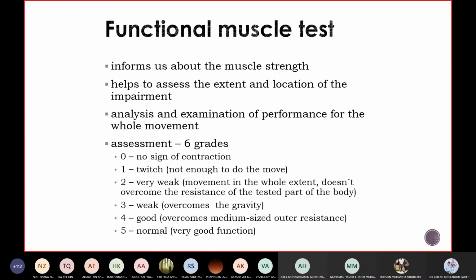In terms of muscle tests as well, we usually use this in patients who come in with muscle weakness. For example, in patients with stroke, you need to assess how severe the impact of the stroke is. So you will do a test and give grading to the muscle power.